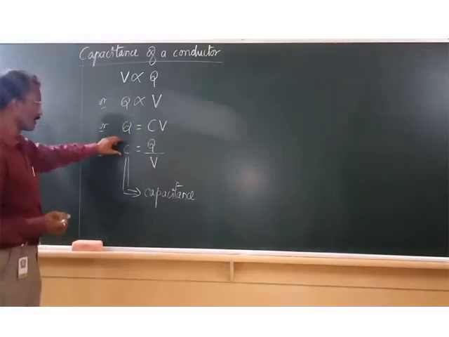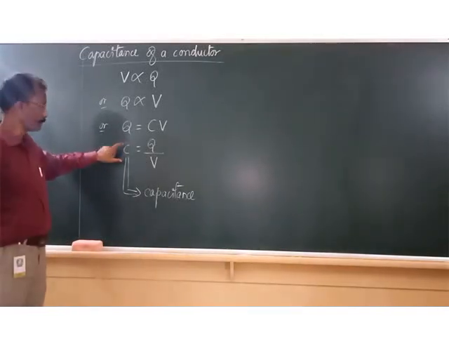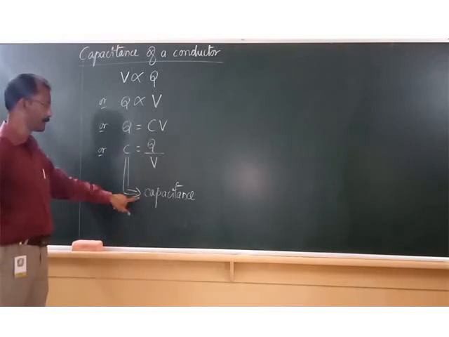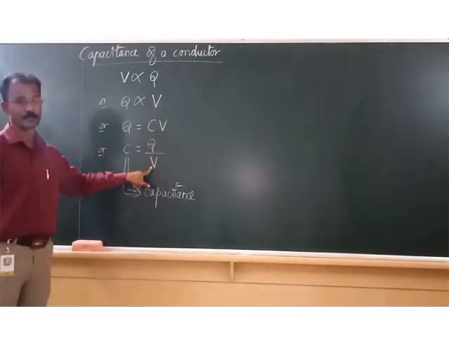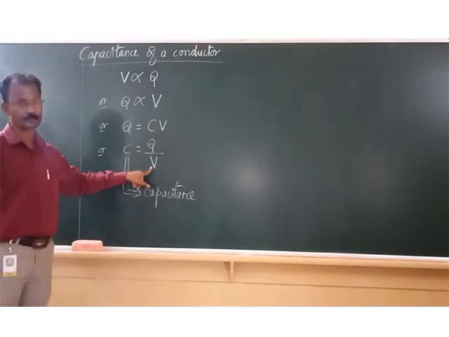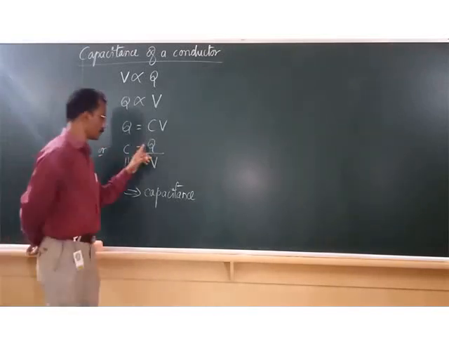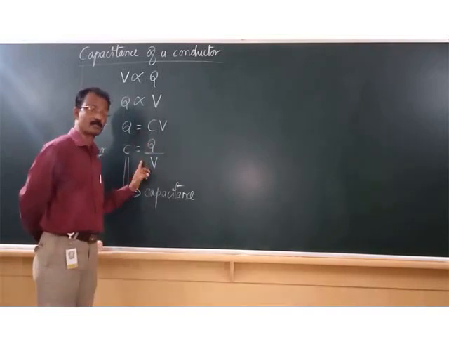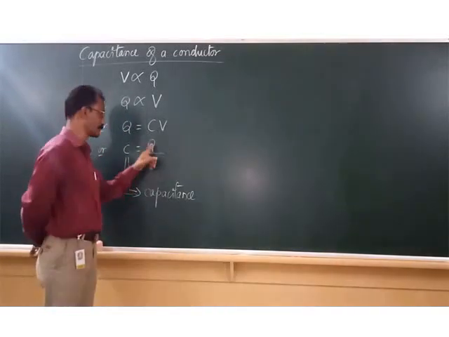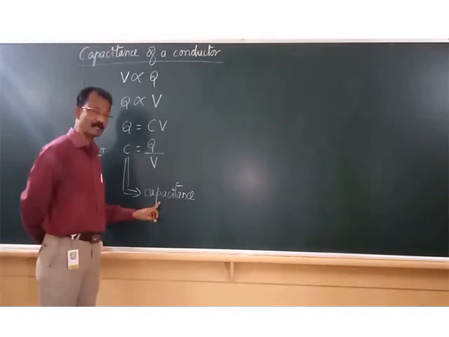Thus the capacitance of a conductor is defined as the ratio of charge on the conductor to the potential of the conductor or potential difference across the conductor. So the ratio of charge on the conductor and potential difference across the conductor is a constant of proportionality called capacitance.